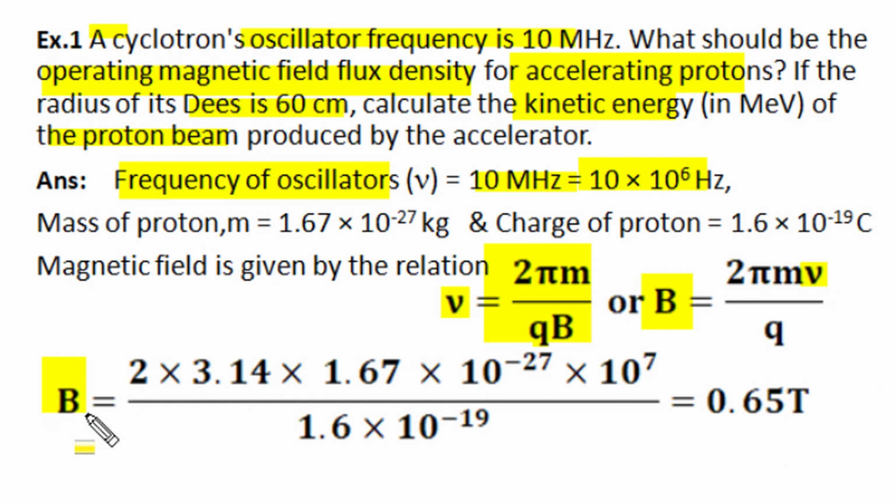The calculation results as 2 pi, mass of proton is 1.67 into 10 to the power minus 27 kg, and the frequency 10 megahertz in hertz becomes 10 to the power 7 hertz, and the charge of proton is 1.6 into 10 to the power minus 19 coulomb. When these numerical values are solved, it is found that the magnetic field flux density that works normal to the D plane is 0.65 Tesla.